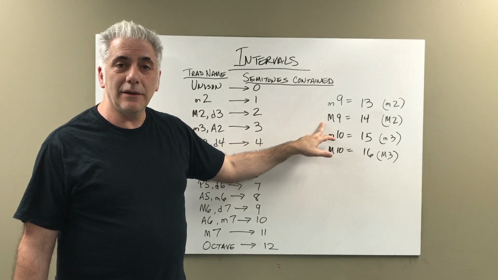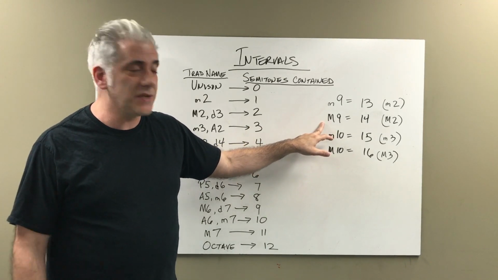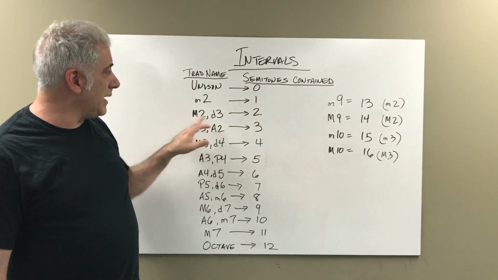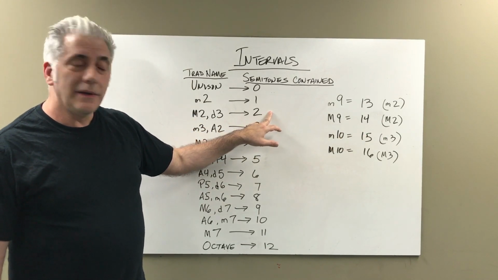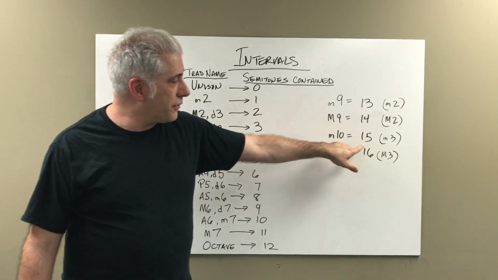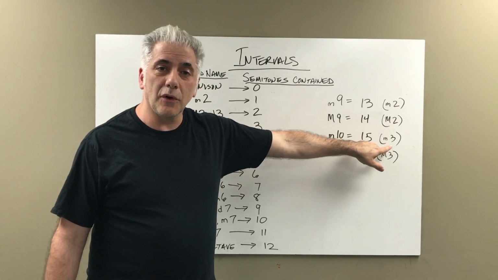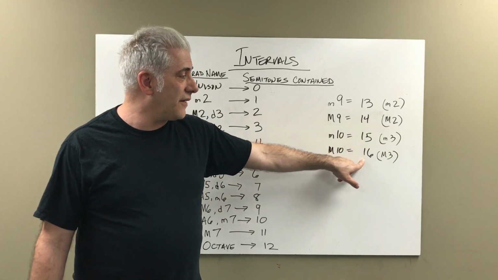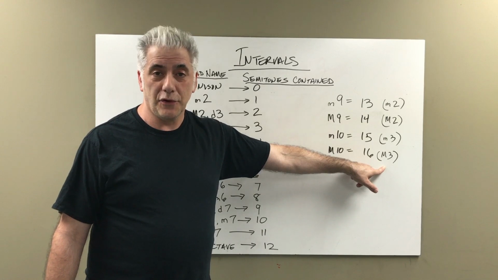The major 9th, which is a compound major second, is 14 half steps. Or you take the major second, which is 2, add 12 to it, and you get 14. Minor 10th is 15 half steps, or a compound minor third. The major 10th is 16 half steps, or a compound major third.